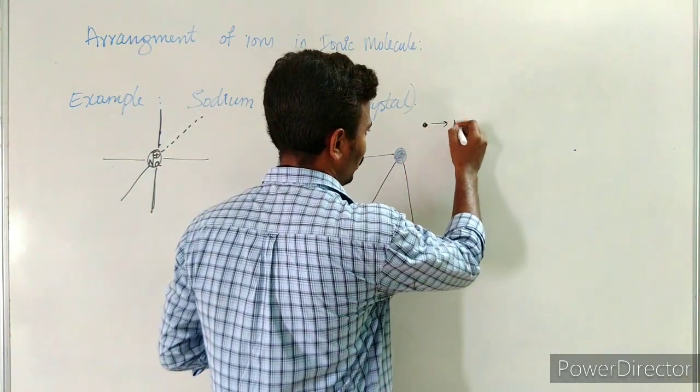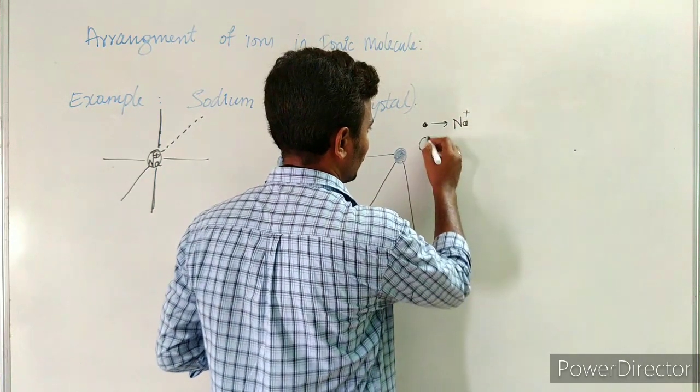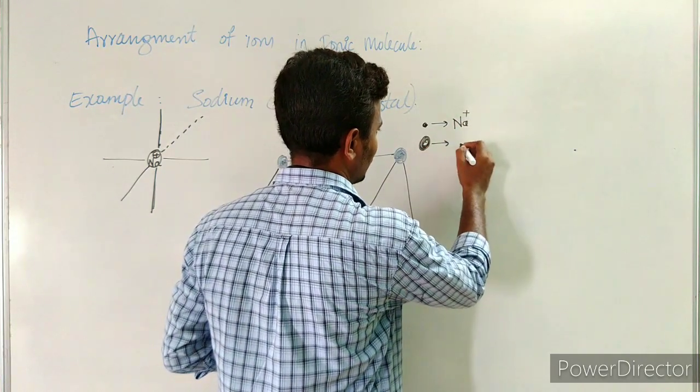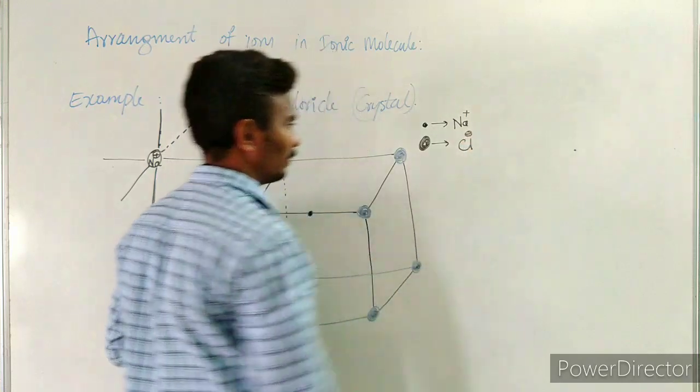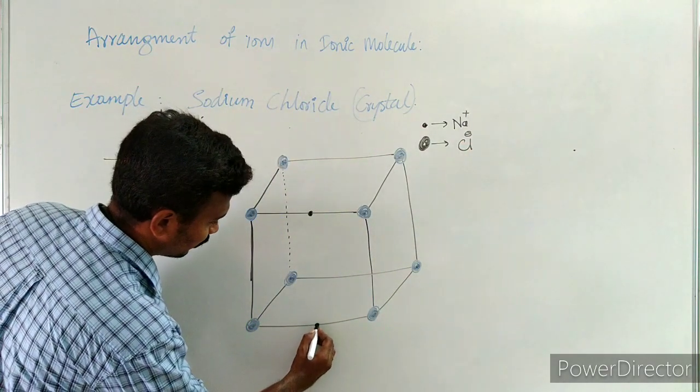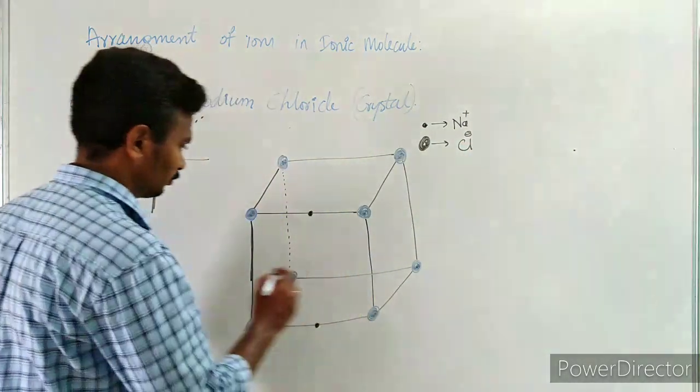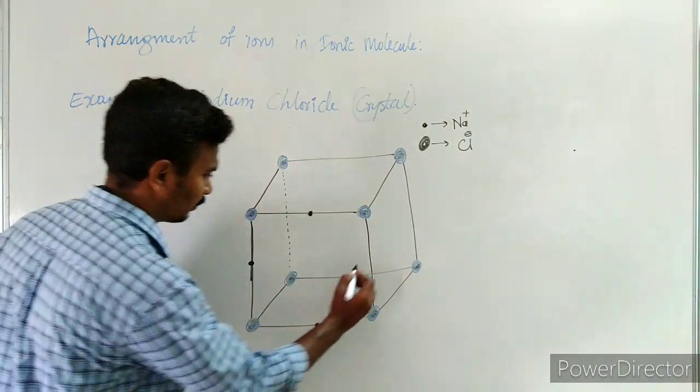The small sphere is Na plus and the larger sphere is Cl minus. You know that an anion is bigger than a cation.